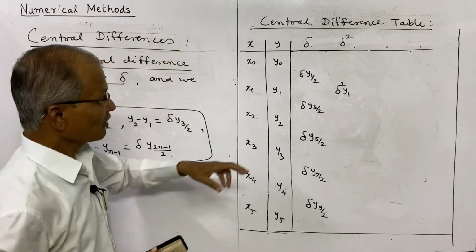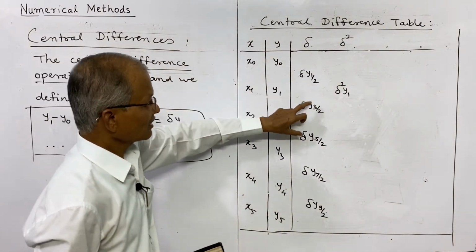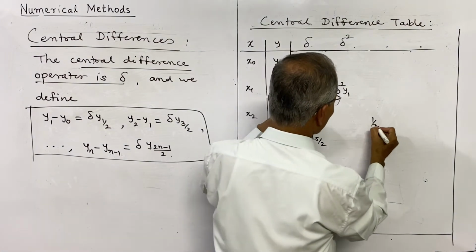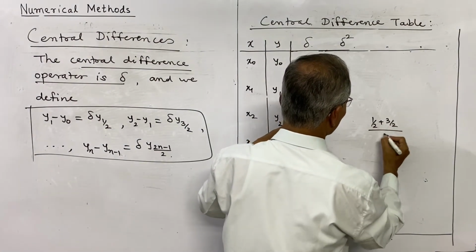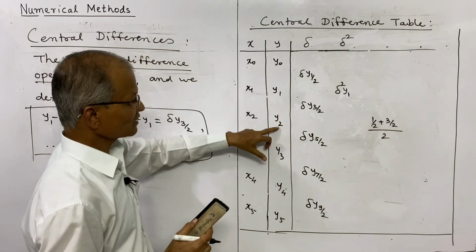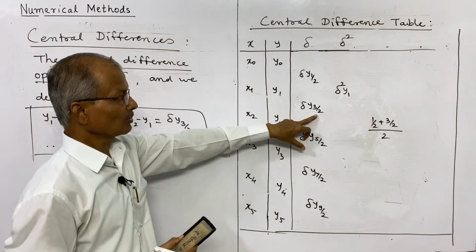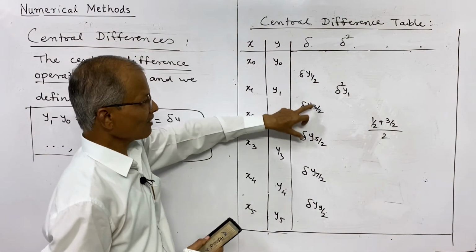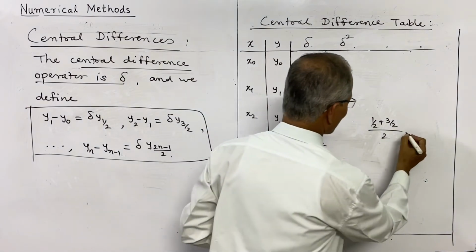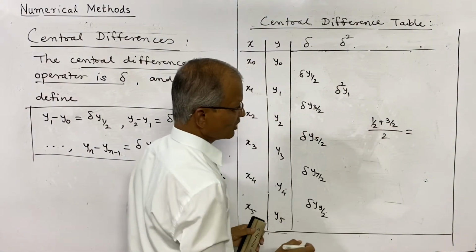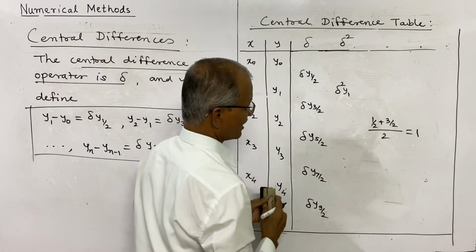What we are considering here is half plus 3 by 2 divided by 2, that is 2 divided by 2 is 1, so it is y1.